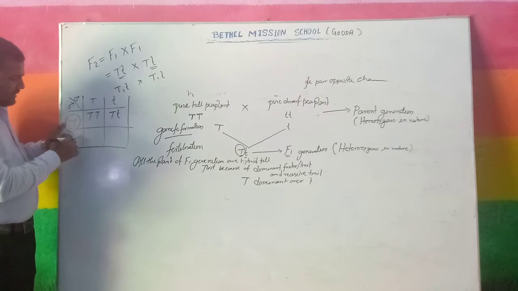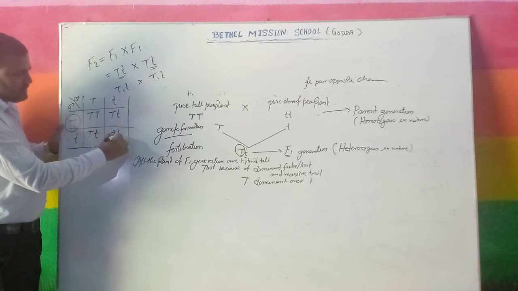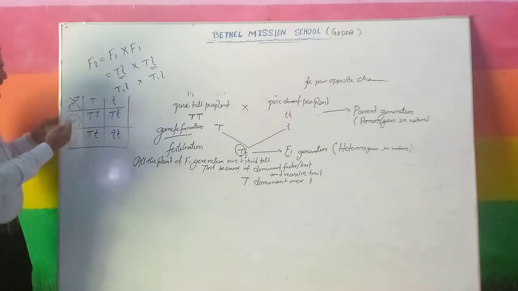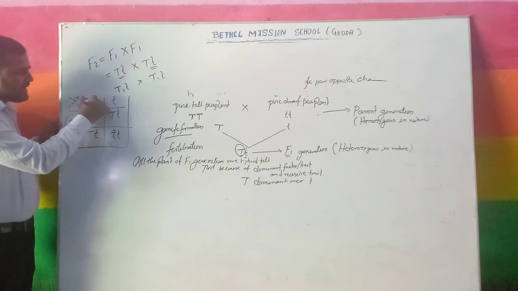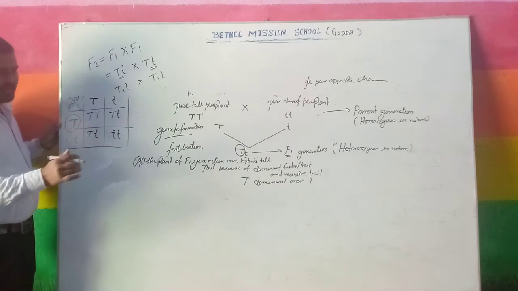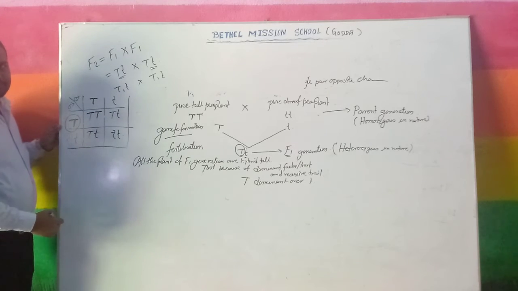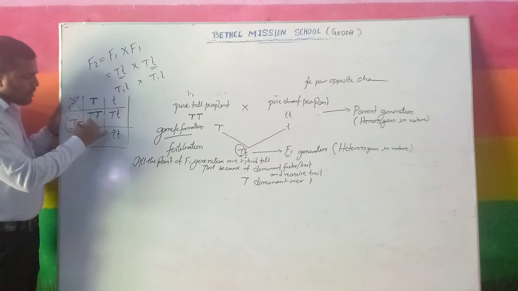Now this one, the small t is going to fertilize the capital T. This is the fertilization. Now, when the male gamete having the capital T feature fertilizes the capital T female gamete, they produce capital T and capital T. Capital T and capital T denote pure tallness.